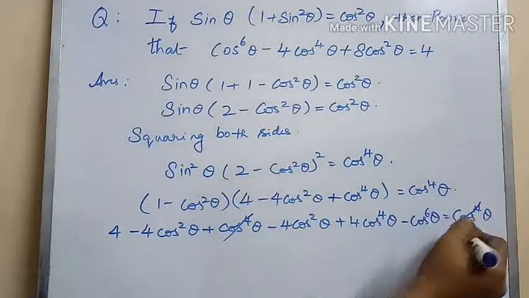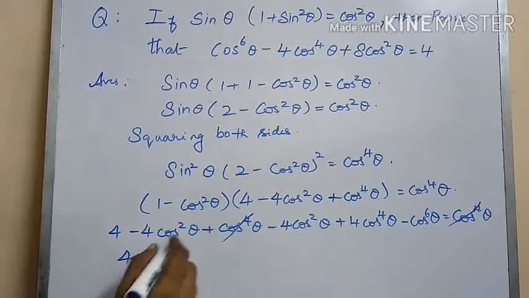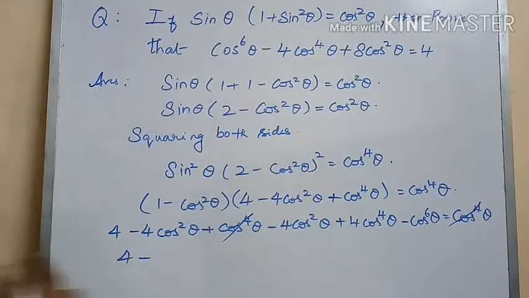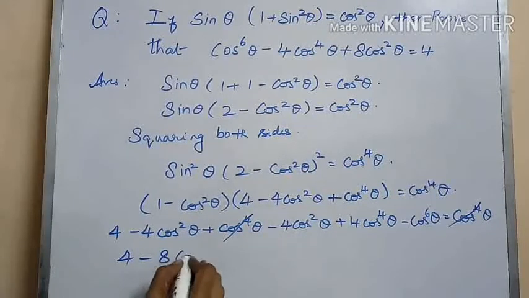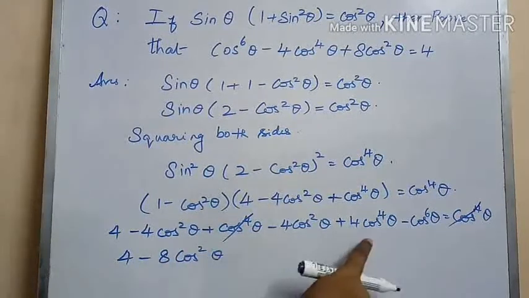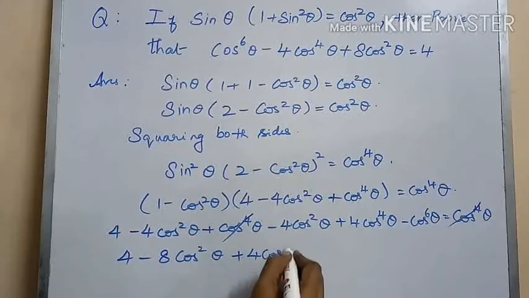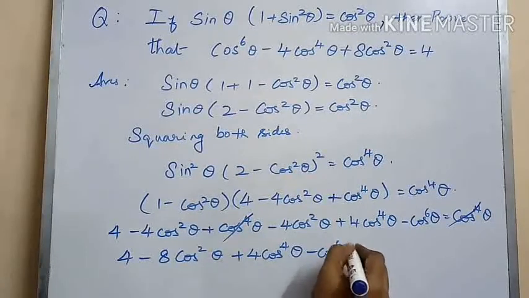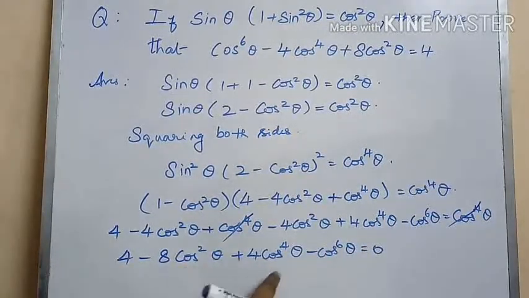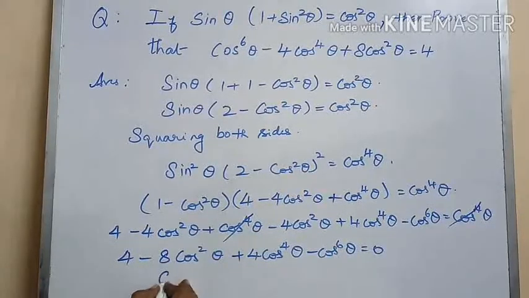Let us cancel cos power 4 theta, which we have on LHS and RHS. So we have 4 minus 8 cos squared theta plus 4 cos power 4 theta minus cos to the power of 6 theta is equal to 0.